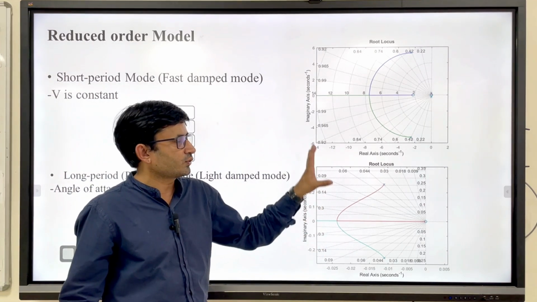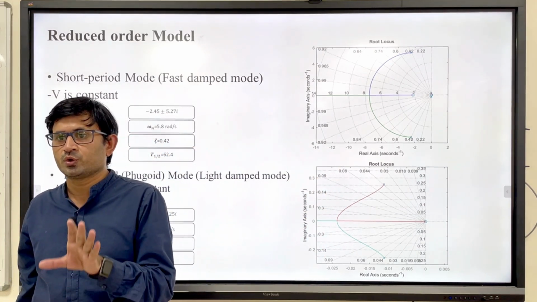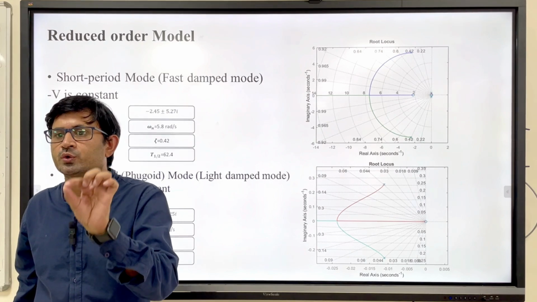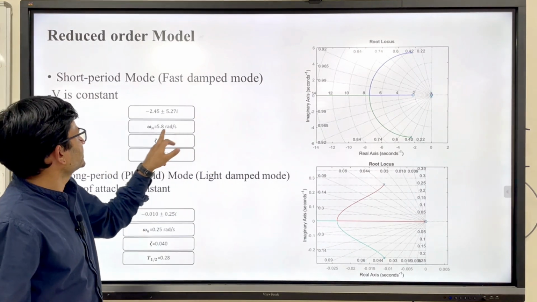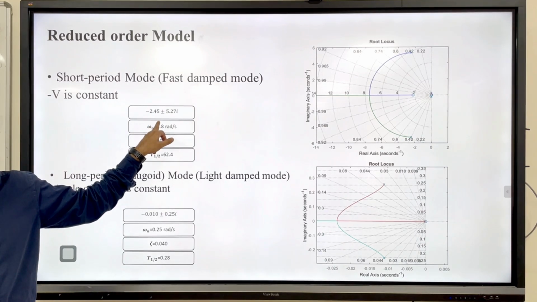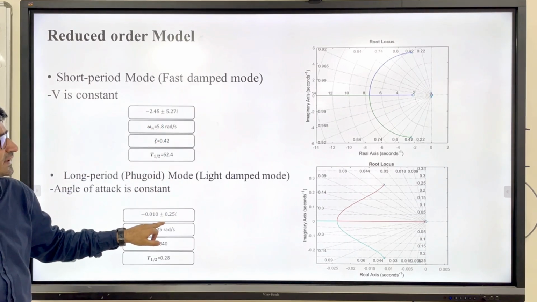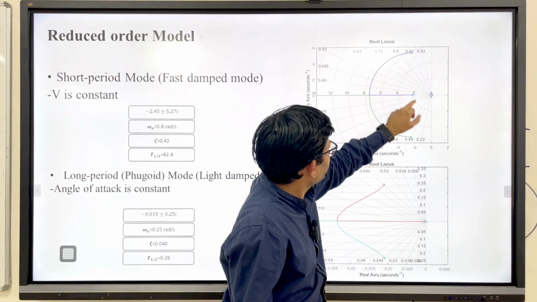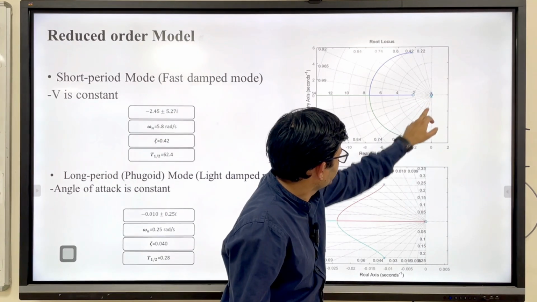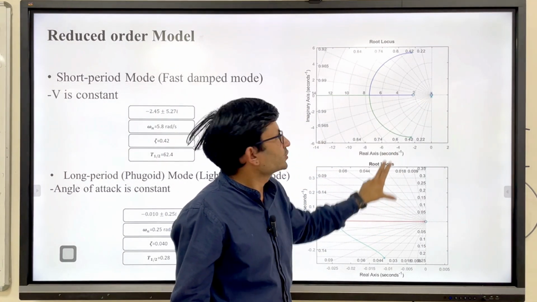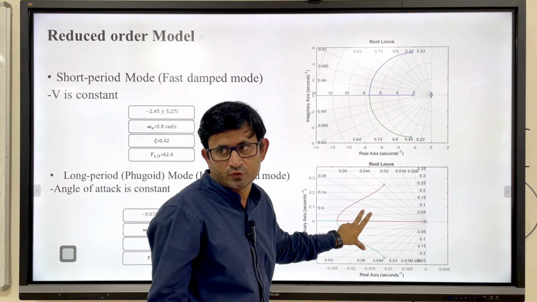Okay, so we have two modes, and we also told you how to locate the roots in the root locus. For example, you see the real part is more here, right? The real part is less here, right? The imaginary part is more, the imaginary part is less. That is why you put it here, and if you zoom in, you will find this. So this is the short period mode and this is the Phugoid mode.